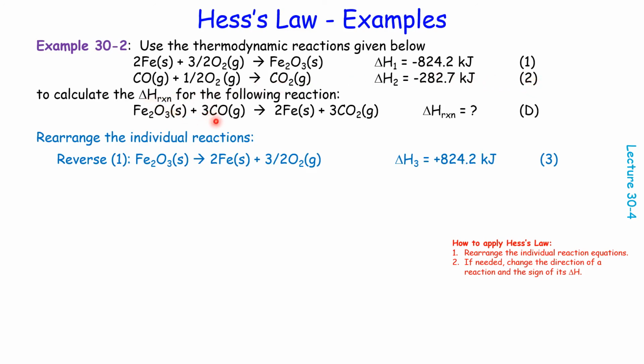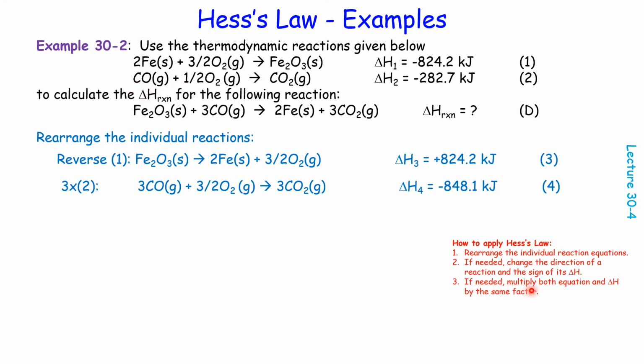We need to take care of the coefficient. So we need to multiply equation 2 by 3. If needed, multiply both the equation and delta H by the same factor. Okay, so equation 2 we multiply by 3, and do the same for the delta H value. So that's why delta H4 is 3 times delta H2.